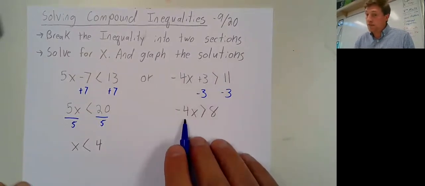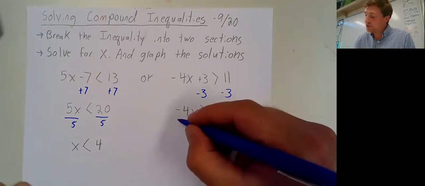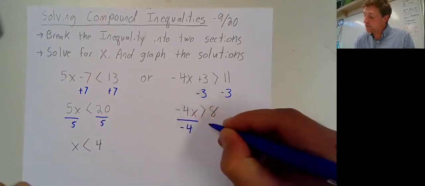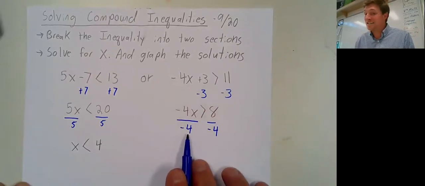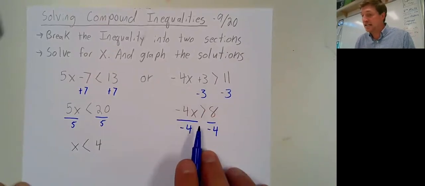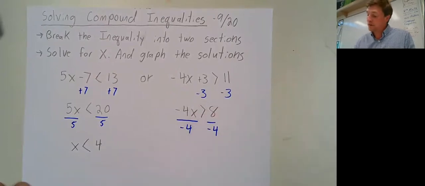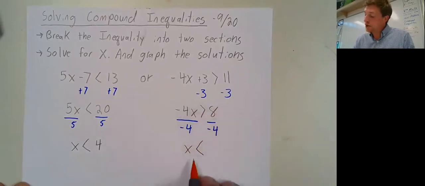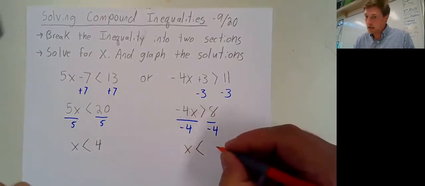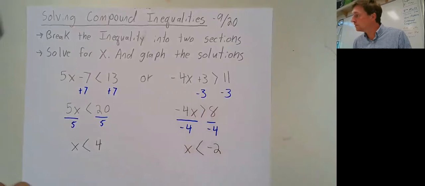This coefficient in front of the x is negative 4, so I need to divide by that coefficient. Something special here, when I'm dividing by a negative number, I need to flip the sign. So I'm left with x is less than negative 2.